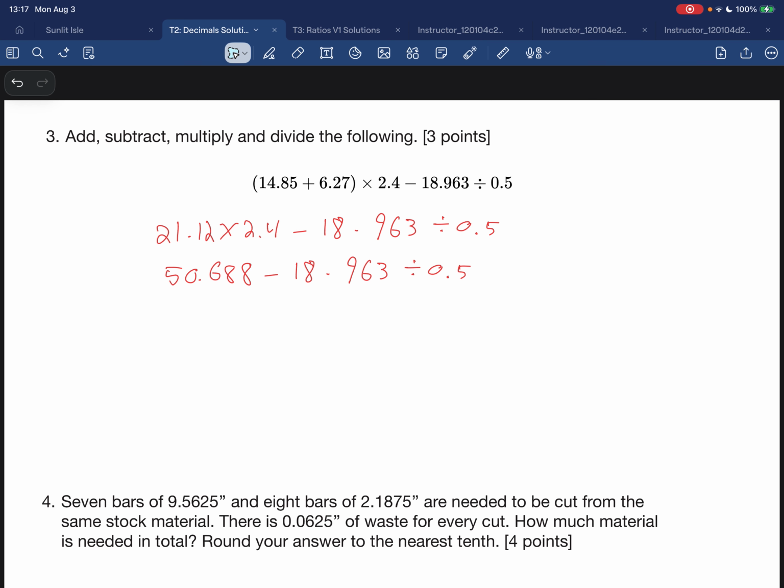So that's 18.963 divided by 0.5, which is going to give me 37.926. So I still have my 50.688 out front, minus, I still have that because I'm only doing the division right now. I'm not touching the subtraction yet.